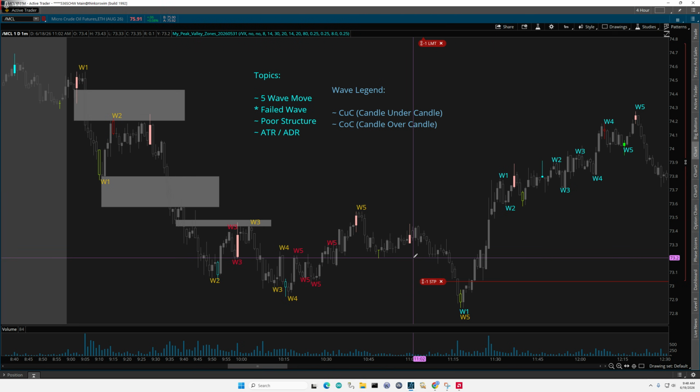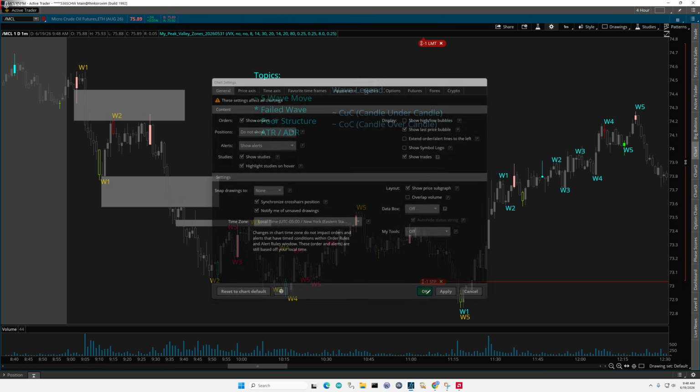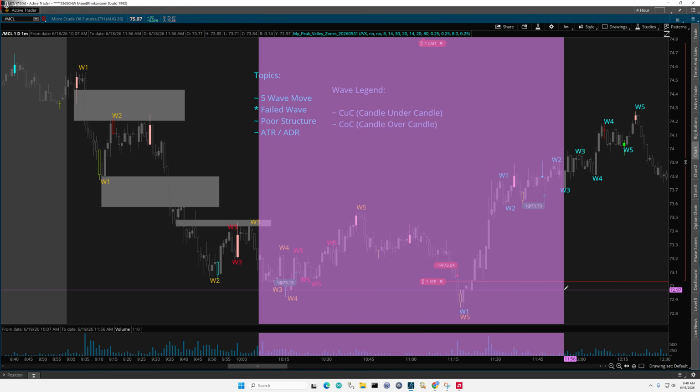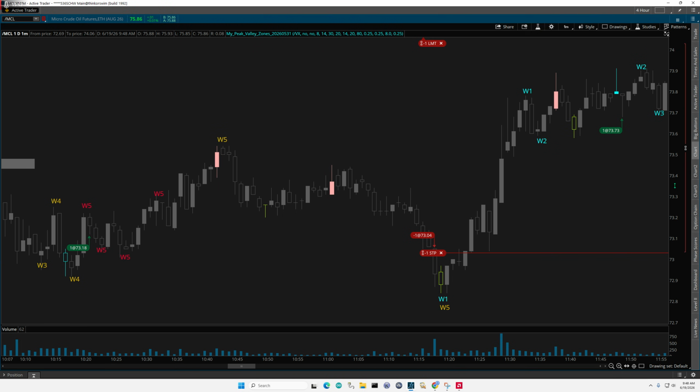I did make 2 trades in here. I will see if I can get these trades to show up. Okay, so I'm going to zoom in and show you my 2 trades. After this wave 4, I got long at 73.18 and put in a stop at 70.